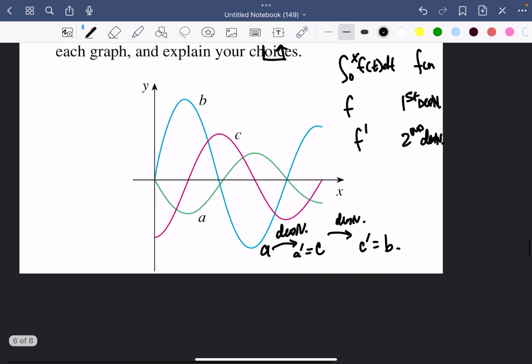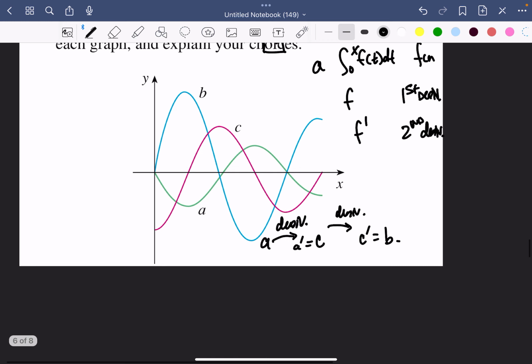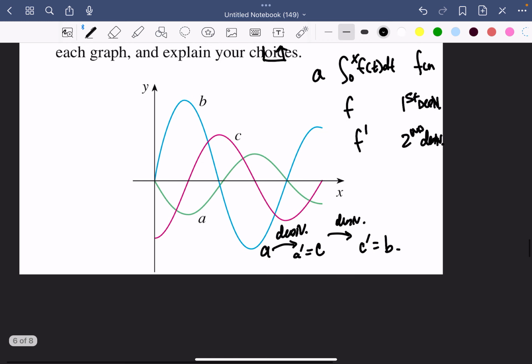So that means A would be the original. And then when you take its derivative, you get C, which is the function. Then when you take C's derivative, you get B. Right?